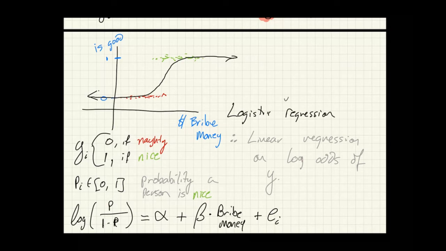So what this means is that as our bribe money gets bigger and bigger, the probability that a child is actually considered to be a nice kid increases. Likewise, as our bribe money decreases, the probability the kid's naughty increases. But it does so in a nonlinear fashion. We're representing it as the log odds.